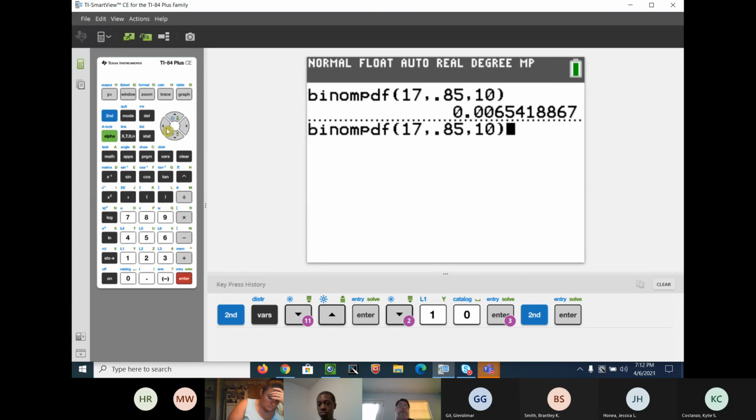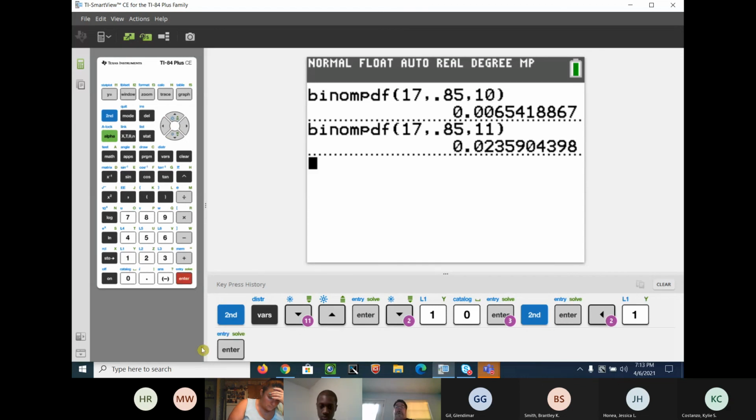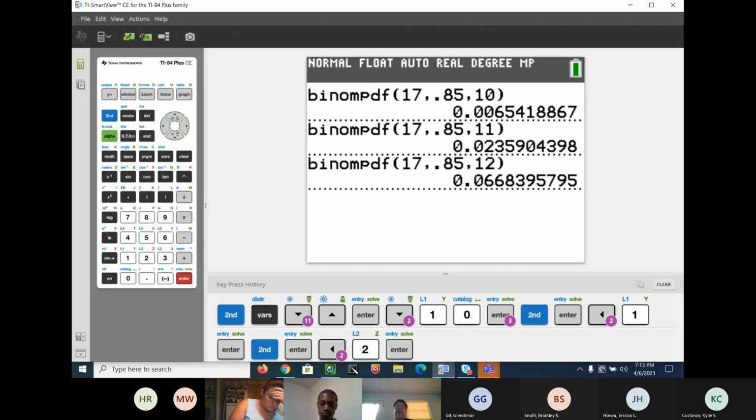enter, and put 11. 0.0236. And last one, second, enter, and change that to 12. 0.0668.